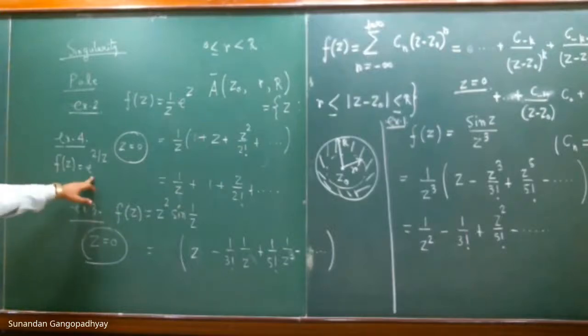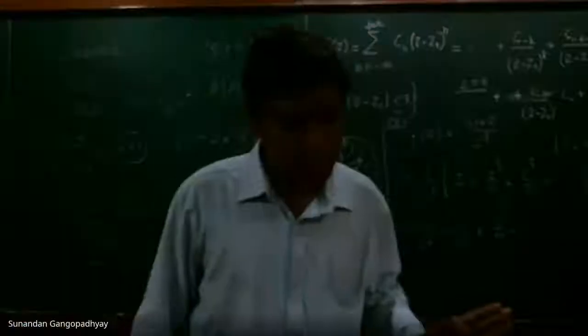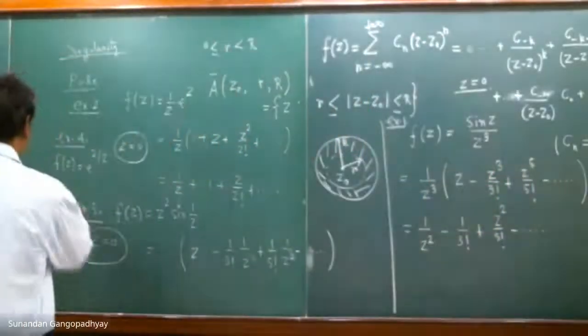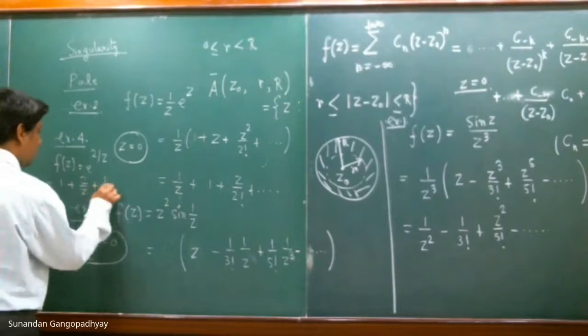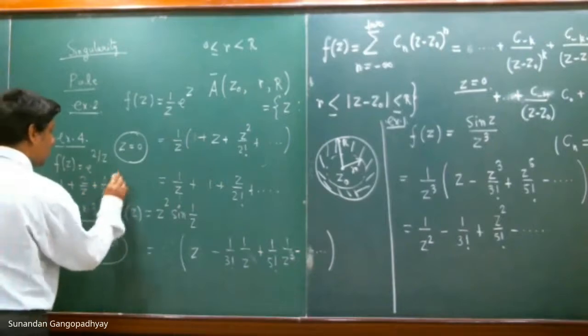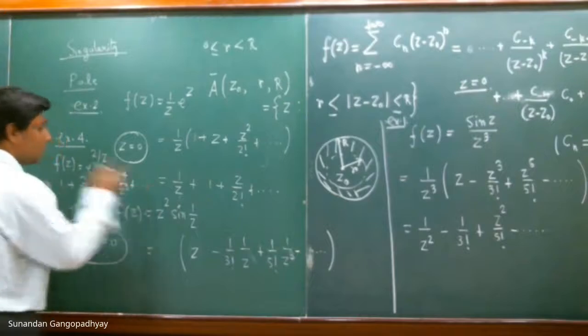Let us take this function, f(z) is equal to e to the power of 2 by z, and you can just expand this function in a power series. This will be 1 plus 2 by z plus 1 by 2 factorial, 4 by z squared, and so on. This is the Laurent series expansion.